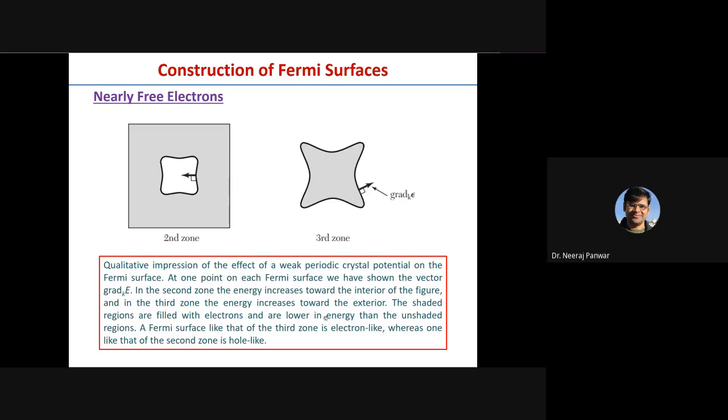So these are known as the electron-like states, whereas the states represented by the white portion are known as the hole-like states. Electron-like states means if conduction is to take place, then conduction will take place with the help of electrons here. And in this region, the conduction will take place through holes. And we will understand the concept of hole maybe in tomorrow's lecture.